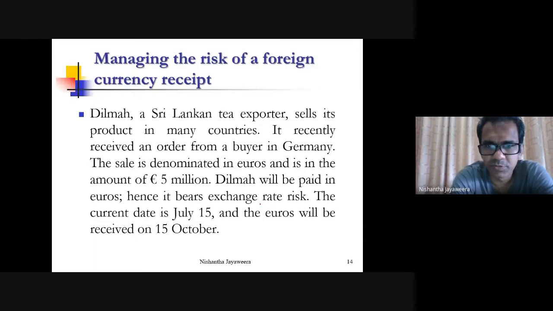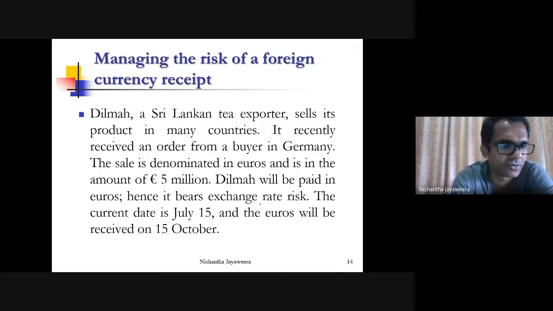The exporter entered into the transaction on July 15th, and there is a 3 month period before you get the cash flow. So the trade is on T.